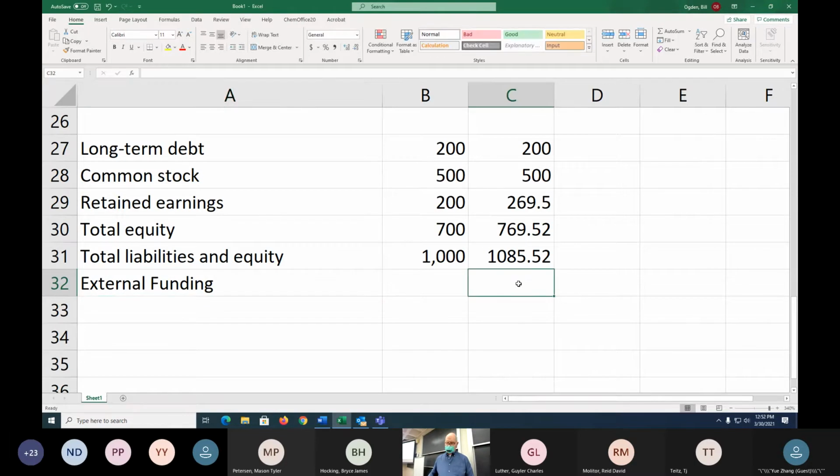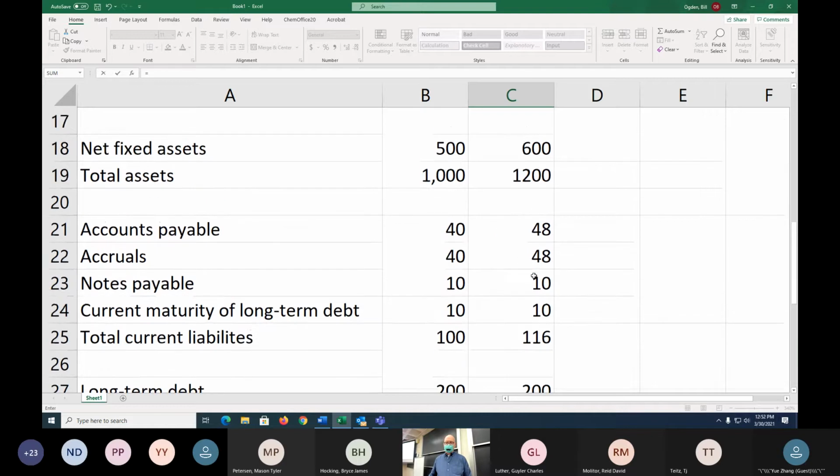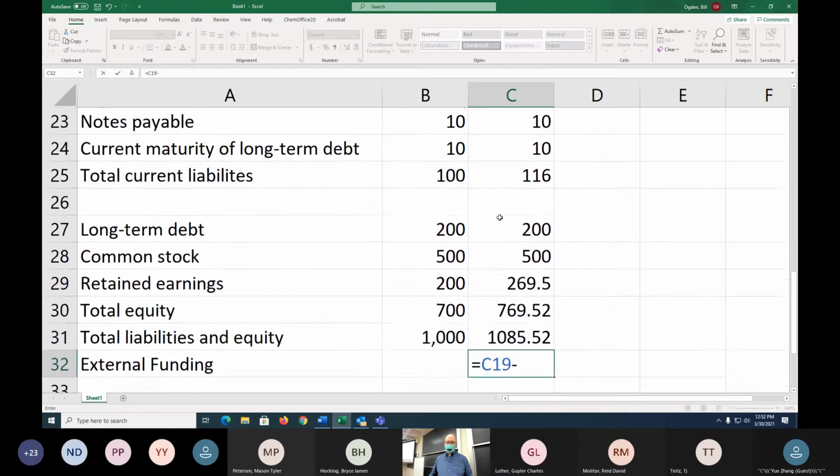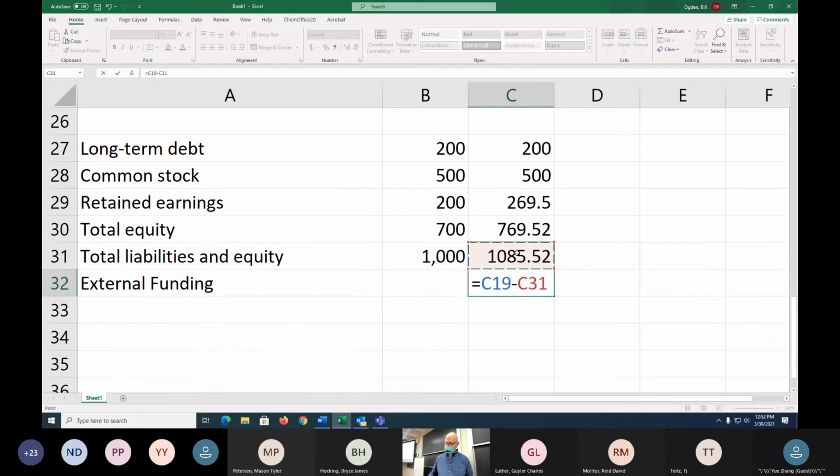Okay. And of course, we're going to find this several ways, but we're going to get the same number. We're going to say that we're trying to finance 1,200 in assets with 1085.52 in capital, therefore we're short 114.48.